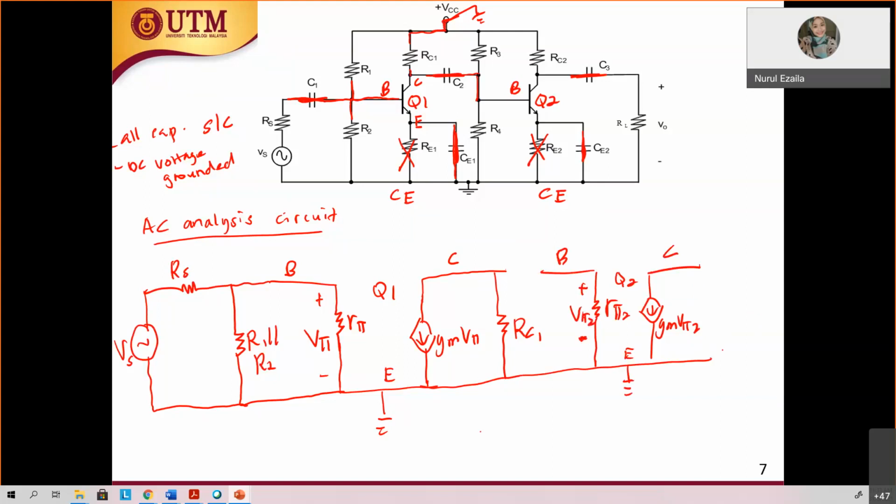This is V pi 2. At the base of Q2, you have R3 to the ground, and R4 also to the ground from the base. Same node, meeting at the same node at the ground. Therefore R3 and R4 are parallel.